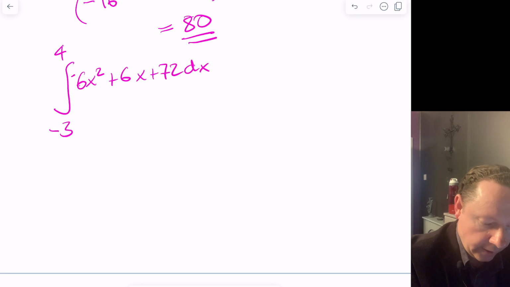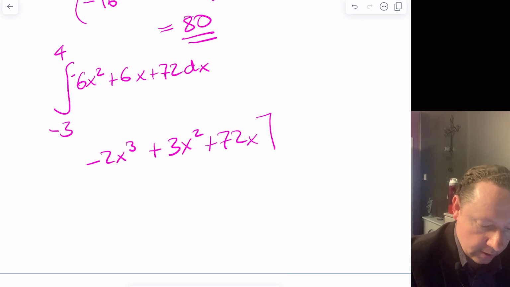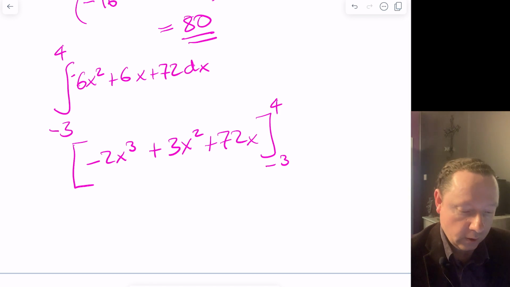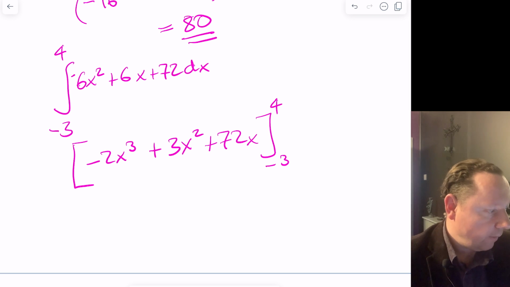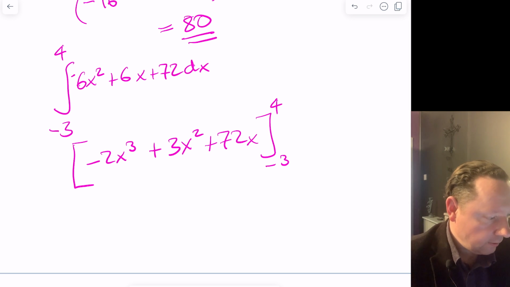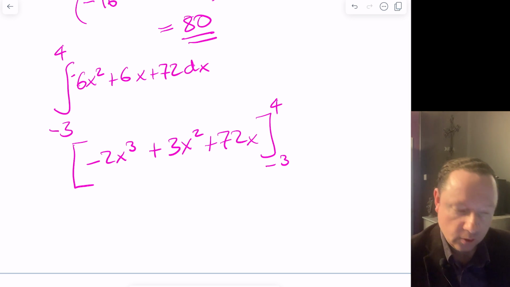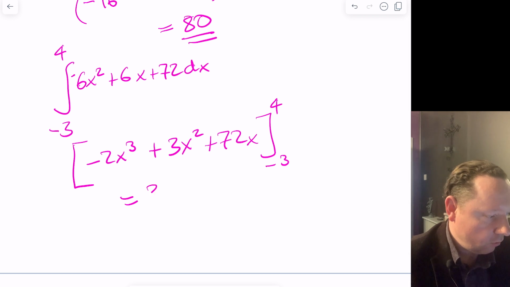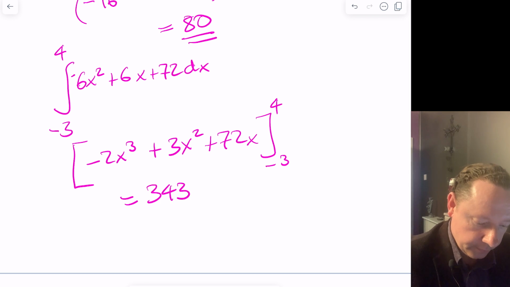So minus 6x squared becomes minus 2x cubed. 6x is 3x squared, and then 72x. And then we want to sub in minus 3 and 4. So again, you sub in 4, and you take away the subbing of minus 3. Do all that without me spending ages on the video doing it, you get an answer of 343.